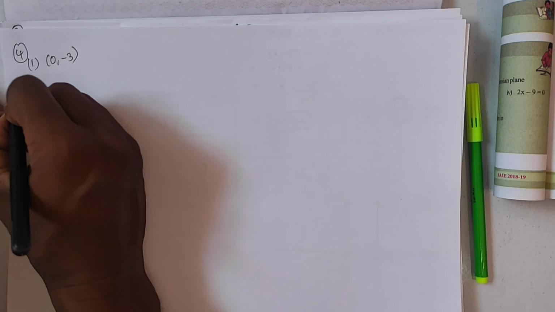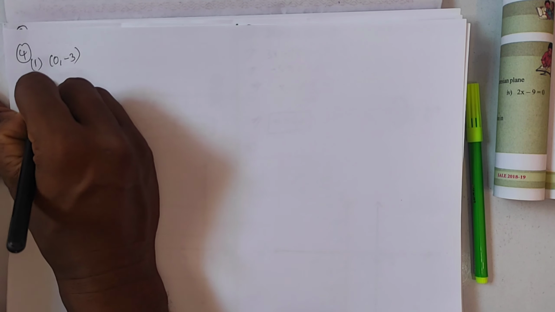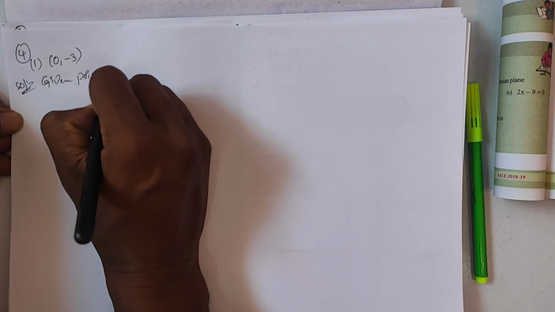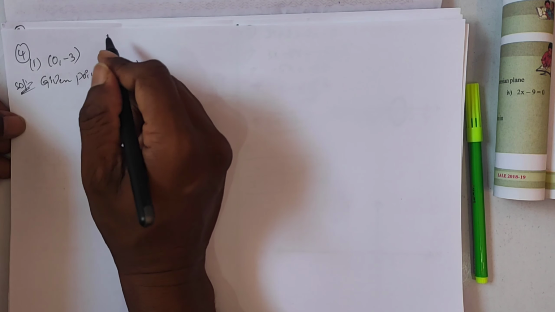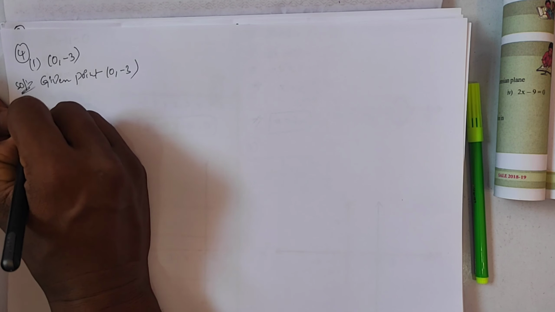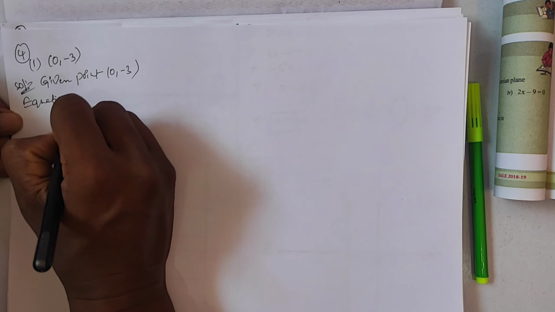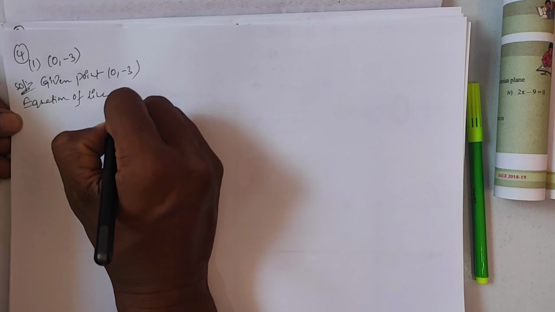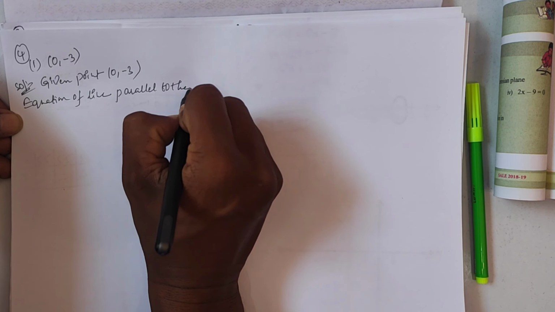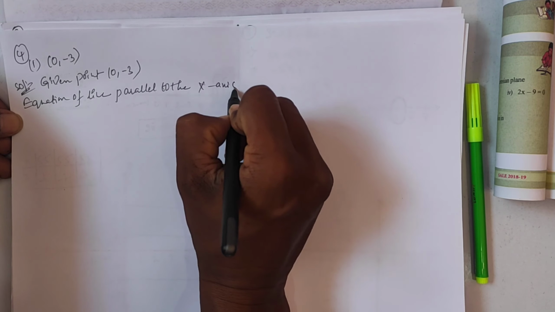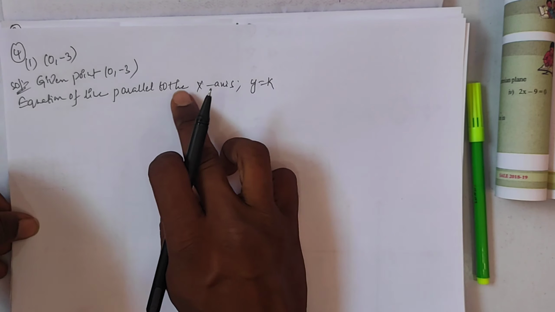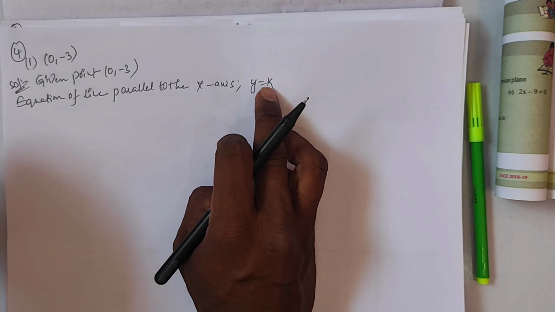Right? So write the total solution first here slowly. Given point is (0, minus 3), and the equation given is parallel to the x-axis. Equation of a line parallel to the x-axis is y equals constant.